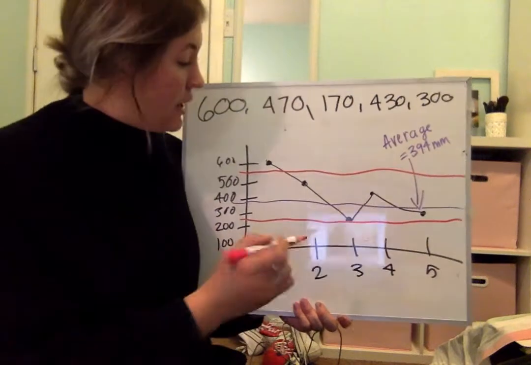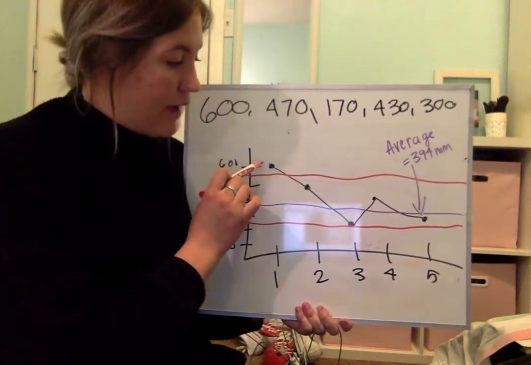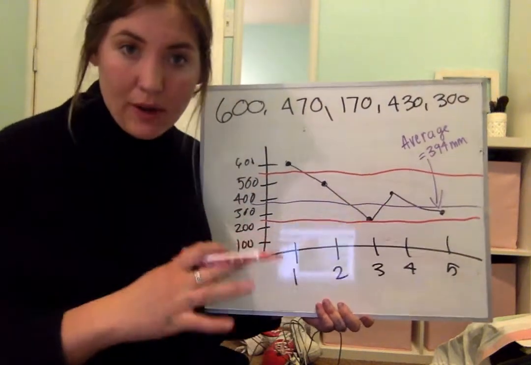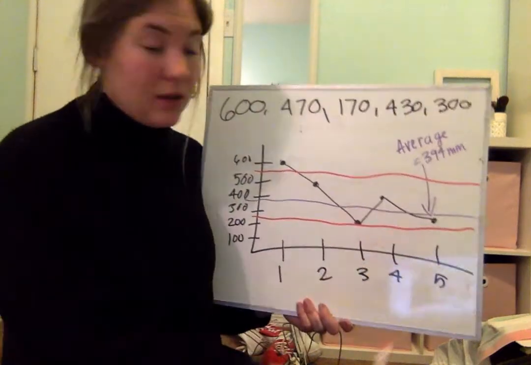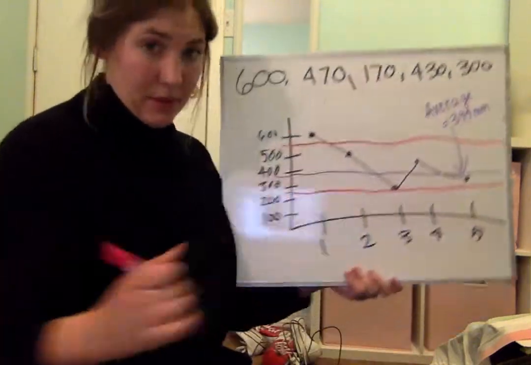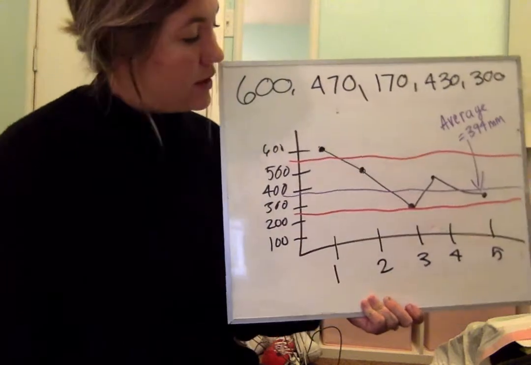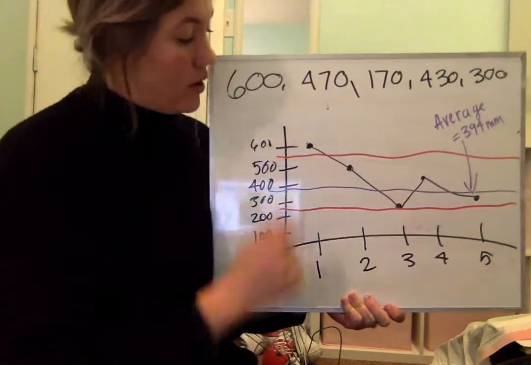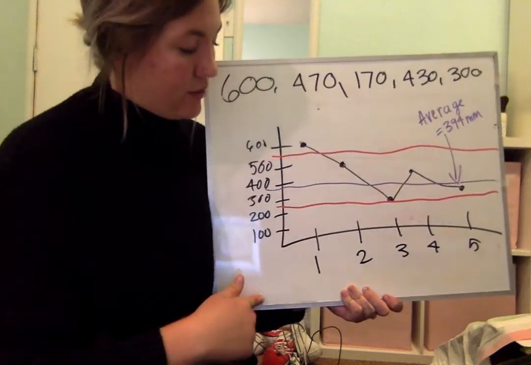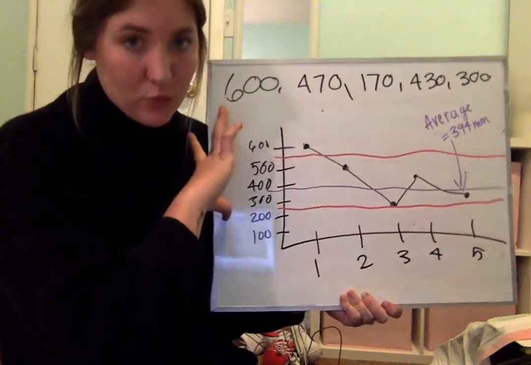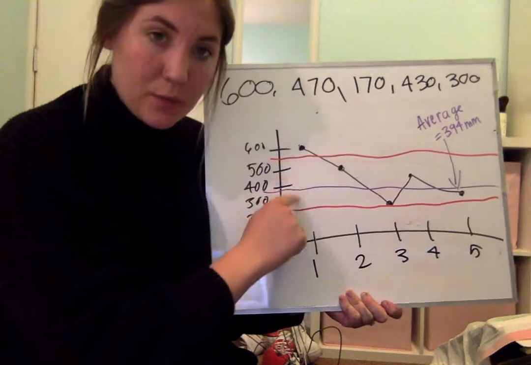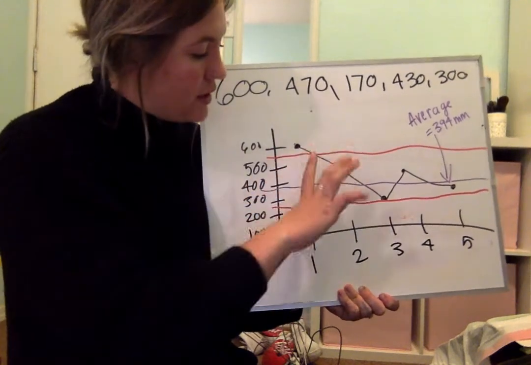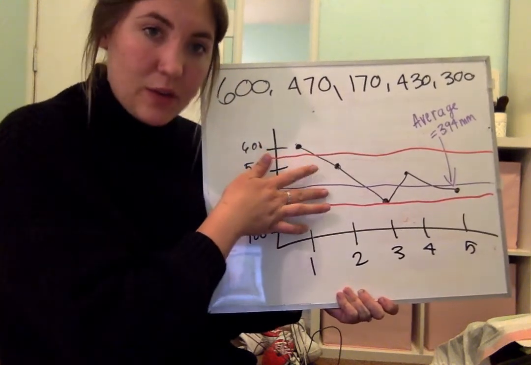What this tells us is that dog number 1 is above average, while the rest of these are about average altogether. If we had a smaller dog, they would be below average. The point of standard deviation is to show which numbers in your data set are above average and below average in an extreme way. Anything within these lines is basically average, and this gives you that wiggle room.